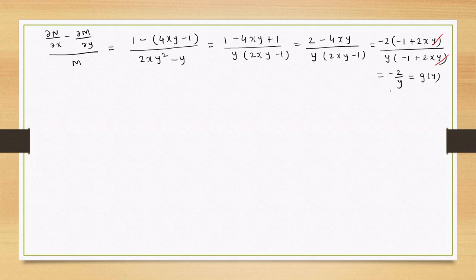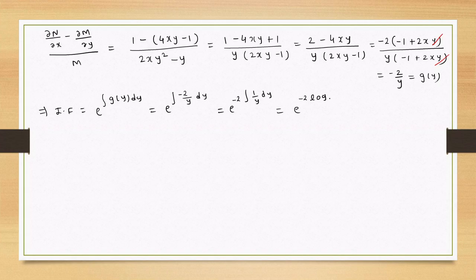It is a function of y only. So we can write the integrating factor as e raised to integration of the function of y dy. What is g(y)? It is minus 2 by y. So e raised to minus 2 integration 1 upon y dy, which is e raised to minus 2 log y.